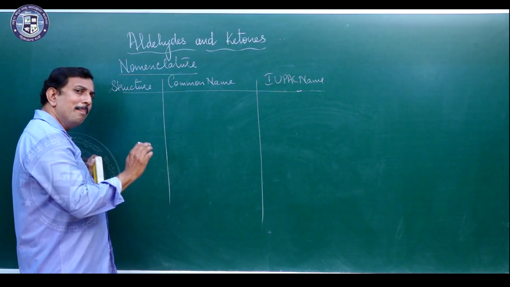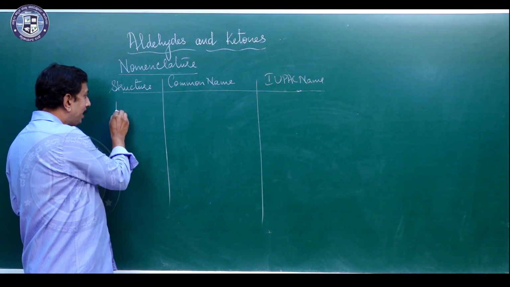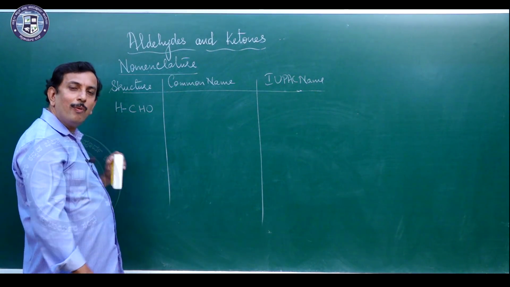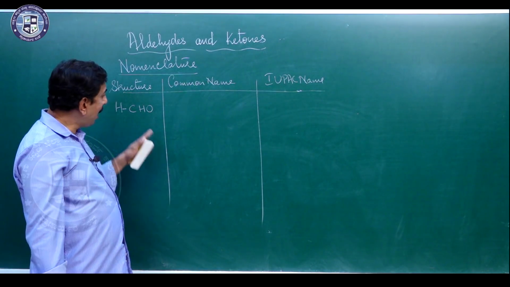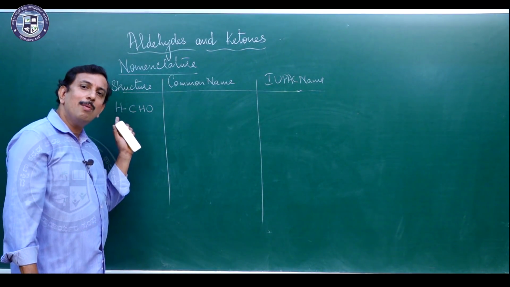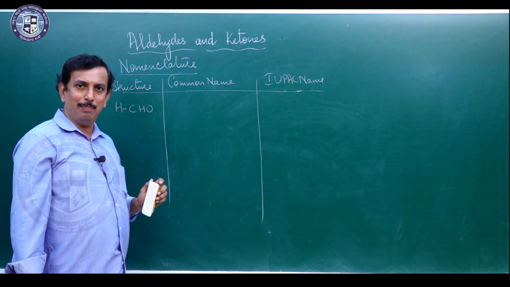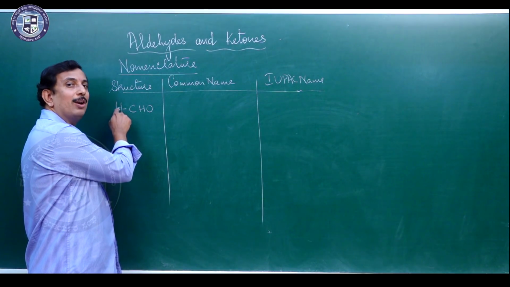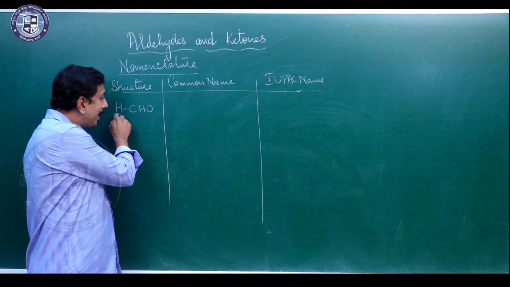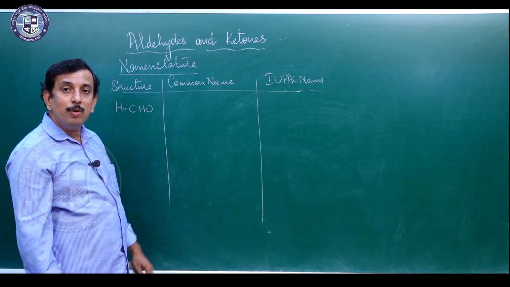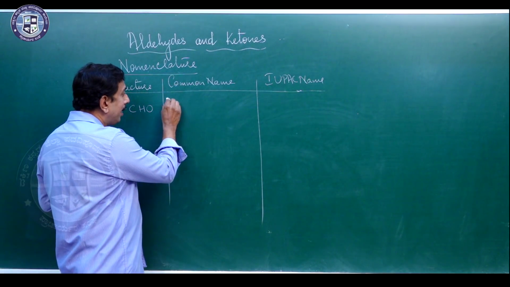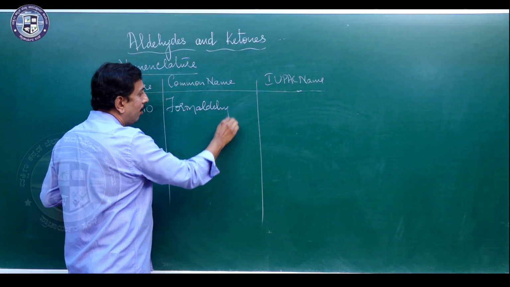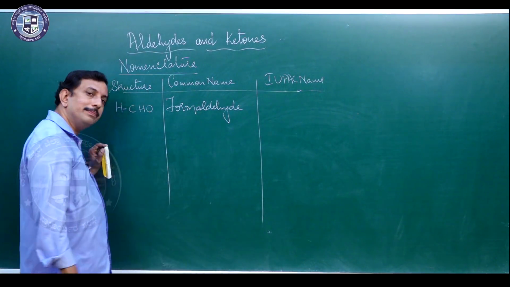Suppose I start with the simplest of the aliphatic aldehydes, which I represent like this, HCHO. This is one typical aldehyde where the carbonyl carbon is linked with both hydrogens. This is a special case. Therefore, HCHO is the formula of an aldehyde which I call in the common system formaldehyde.